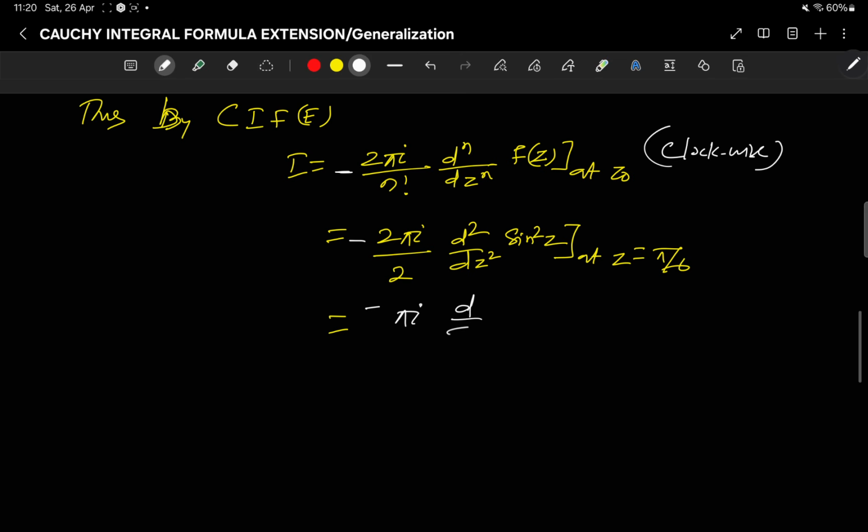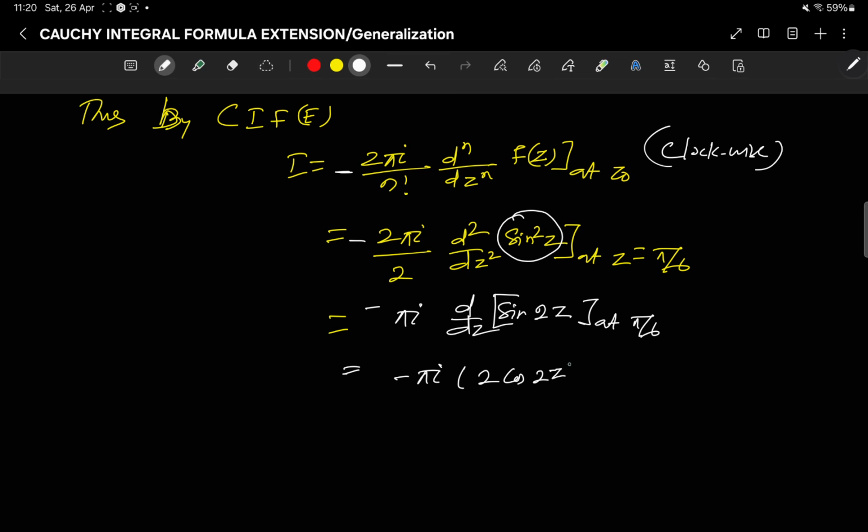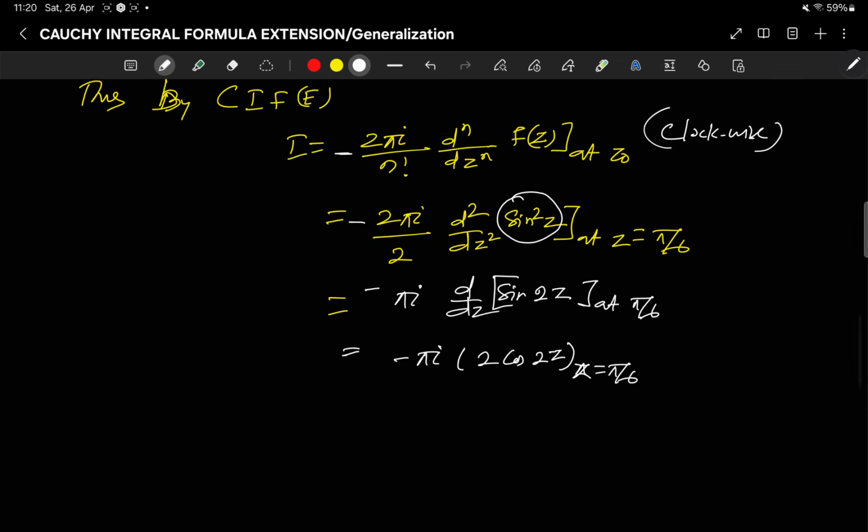If I differentiate once, sine squared z gives 2 sine z cos z, which is sine 2z, at pi by 6. So it is minus pi i, and the derivative of sine 2z is 2 cos 2z, right, at z equal to pi by 6.